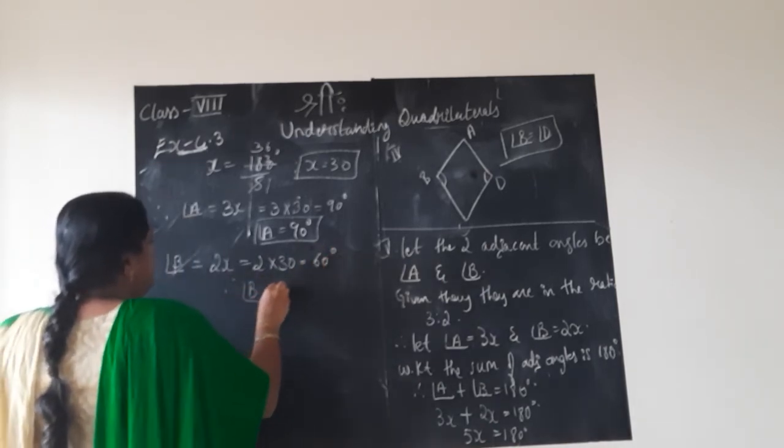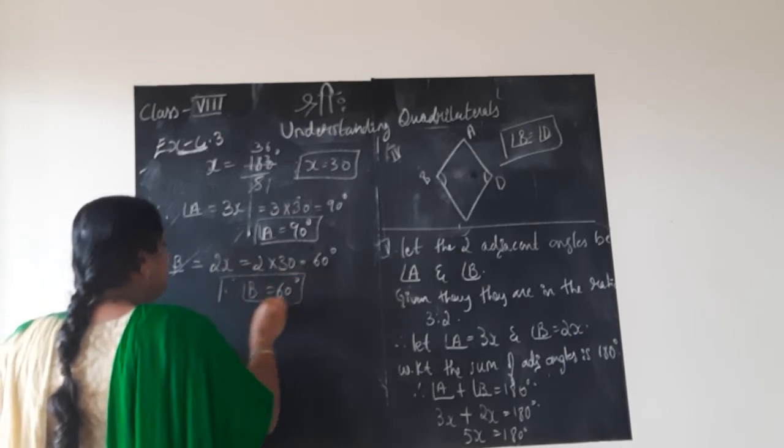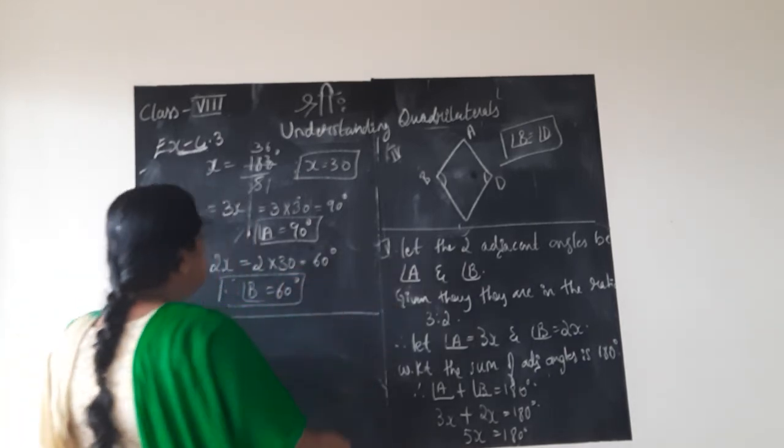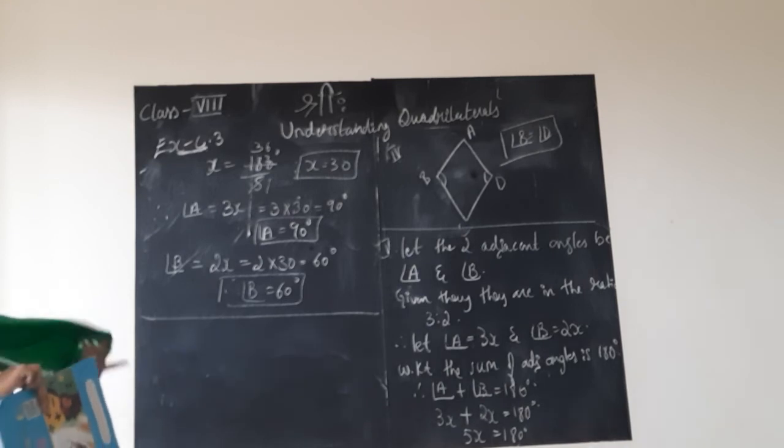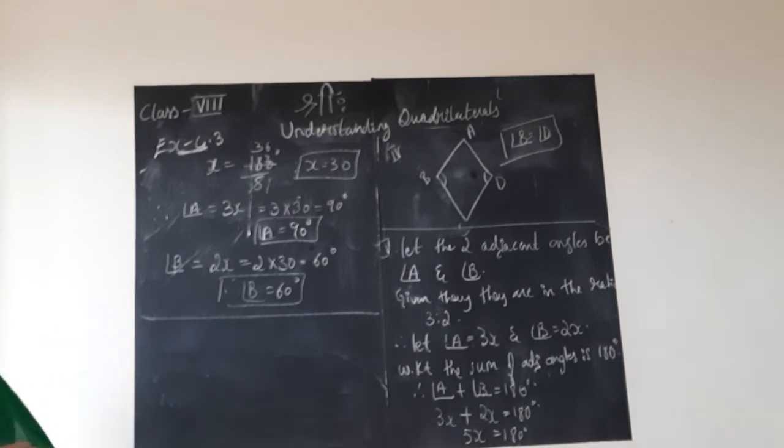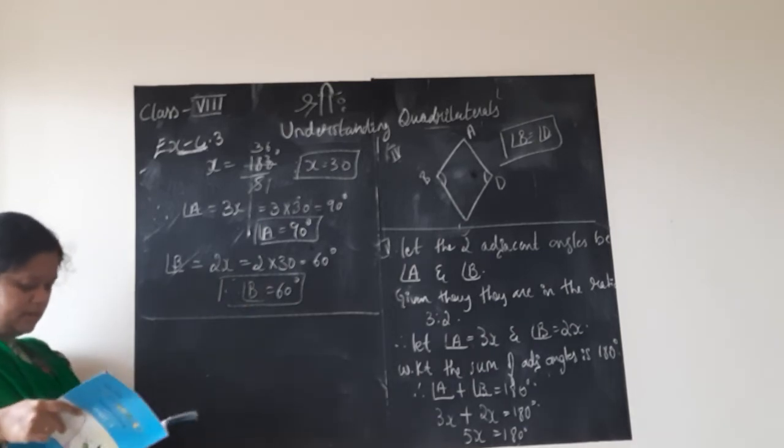Therefore, angle B is equal to 60 degrees. We have found out the two adjacent angles A and B, children. This ends the fifth problem.